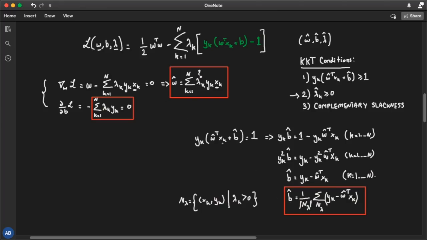Okay, so now I have a closed form solution for b hat. I have a closed form solution for w hat, but in order to compute w hat, I need the lambdas. And even more, in order to compute b hat, I need w hat. So given lambda, I compute w, and given w, I compute b. Without the lambdas, I can't do anything. So how do I get my lambdas?